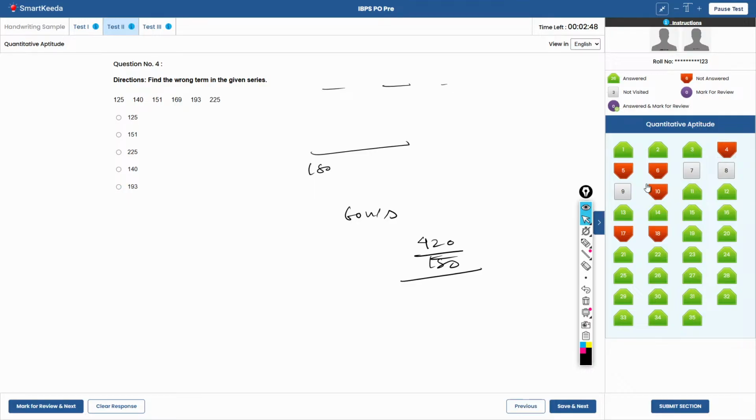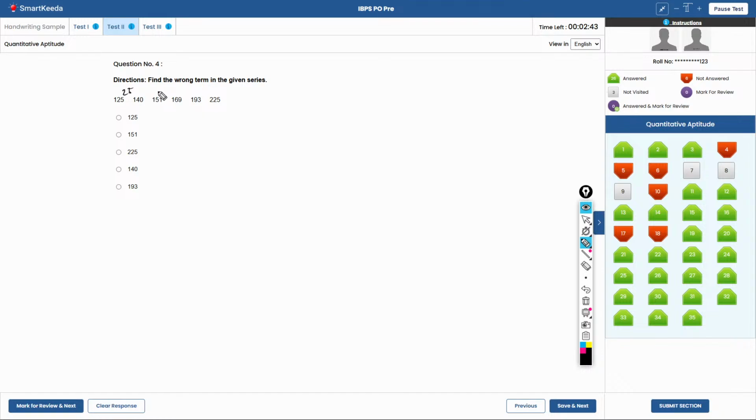Now the caselet. Okay, these ones. So 25, then 15, 11, then 18, 15, 18, then 24, then 32, making no sense at all.